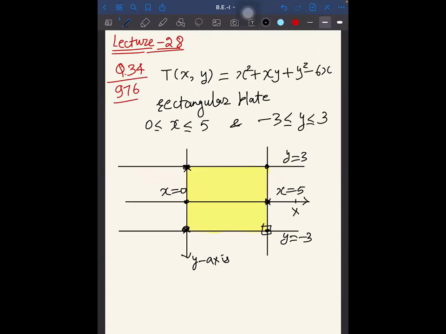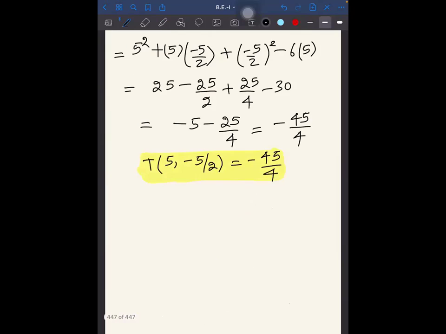So let's say t of 5 and 3, and 5 and minus 3. There are 2 points, right? So first it is minus 3 and then it is 3. So let's put these values over here.